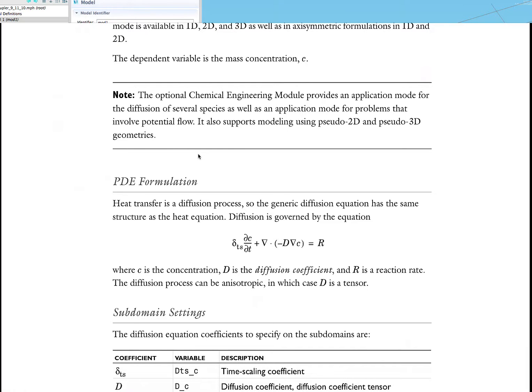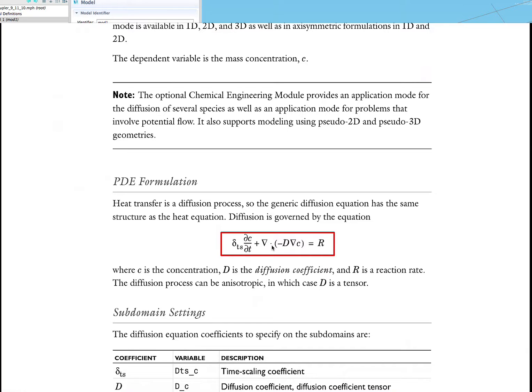The PDE in this module is formulated in a slightly different way than what we discussed. We had dC by dt. Now we don't have any moving fluid, so it's a static situation, so dC by dt, but this is multiplied by a time scaling coefficient that can be useful in certain applications.